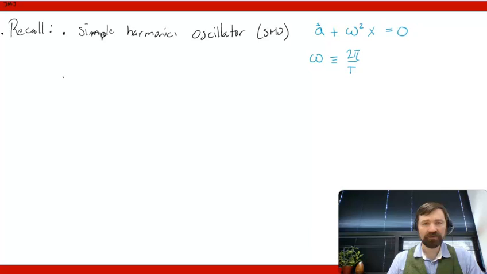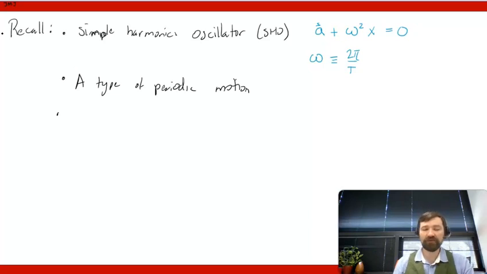So it is a type of periodic motion, and the period is given by T. For a periodic motion, you have a period that describes how long it takes to complete one whole form of that motion, one whole oscillation or one whole cycle.